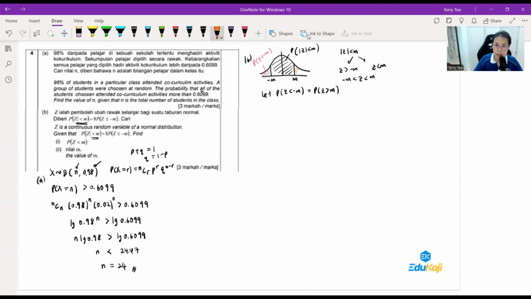The pink part and the orange part are actually the same, and let's call this P.